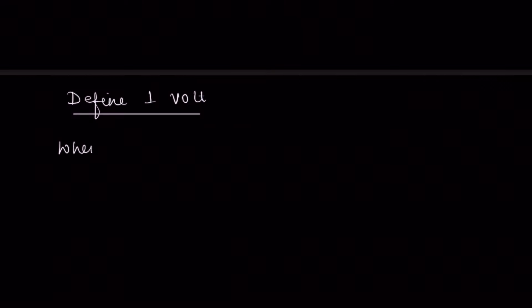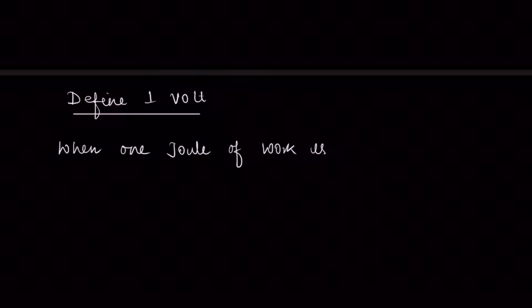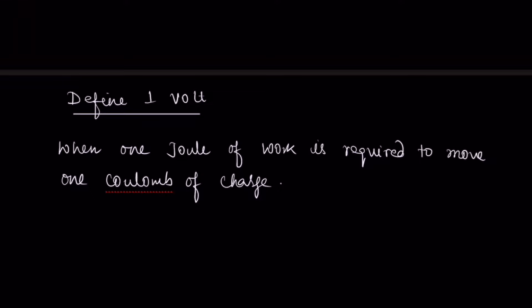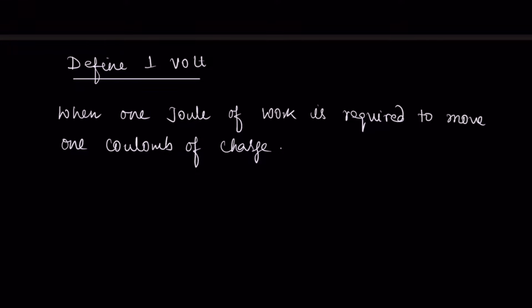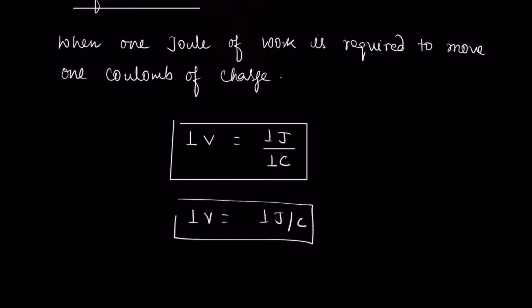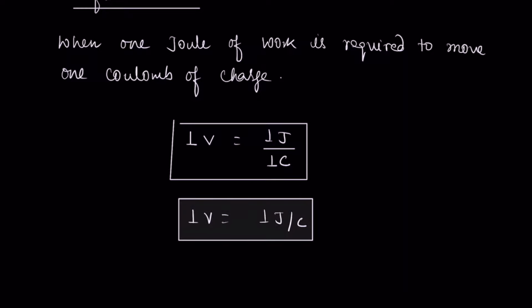When 1 joule of work is required to move 1 coulomb of charge, it is defined as 1 volt. So 1 V is equal to 1 joule per coulomb. Joule is the SI unit of work and coulomb is the SI unit of charge.